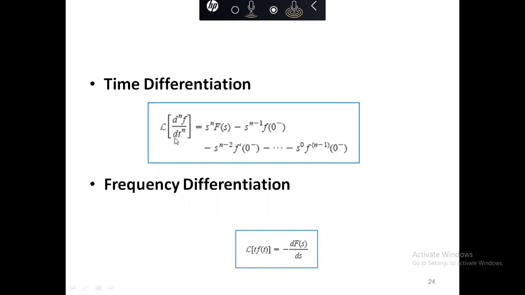So here we have the differentiation in time domain, and here we have the differentiation in frequency domain, or in the Laplace domain, right?